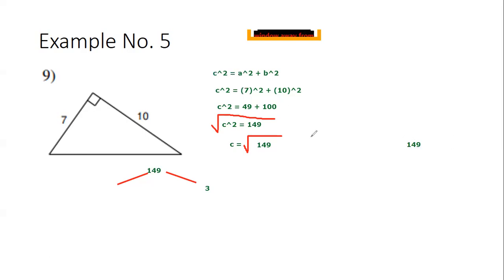This is a training ground, so we're not going to use a calculator here. So 149 divided by 3. So this will be 4. So 14 divided by 3 is 12, so that's 4. 4 times 3, that's 12.